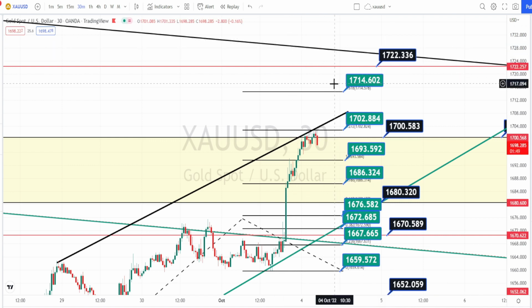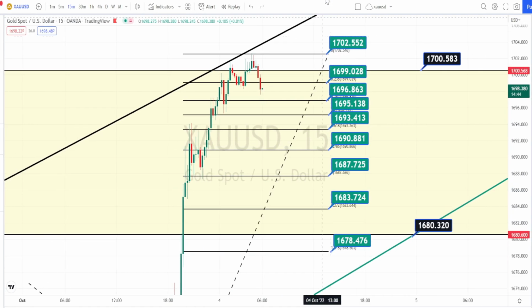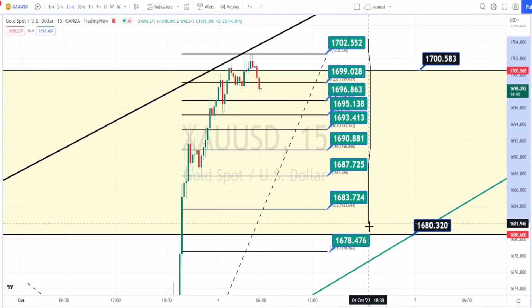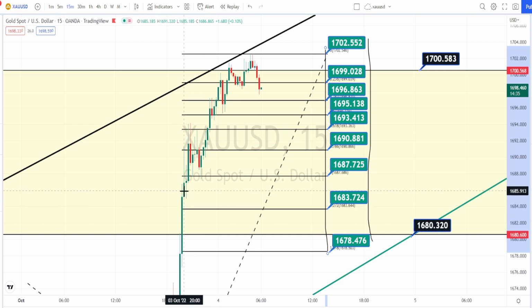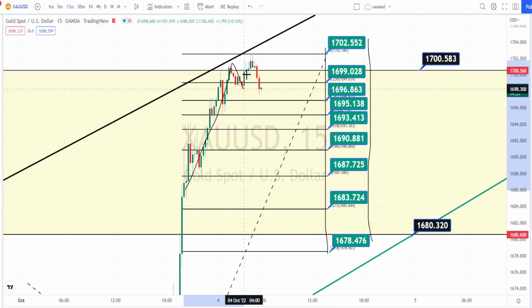Let us mark the support and resistance levels for 15 minutes time frame. So the values within these green color boxes are the resistance and support levels for current price action in 15 minutes time frame. Currently we are noticing the price action to form a double top pattern and to bounce back on a bearish side retracement.